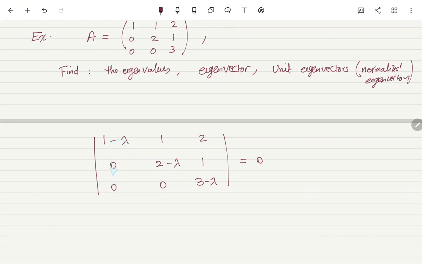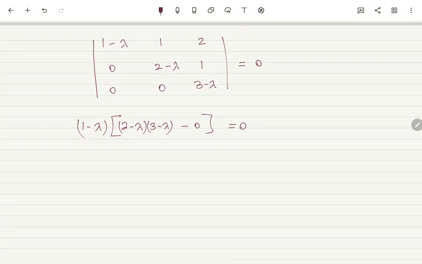So this will give us 0 and this will give us 0. So the only term that gives us some value is this term right here. So 1 minus lambda times this with this minus this with this. So (1 minus lambda)(2 minus lambda)(3 minus lambda) is equal to 0.